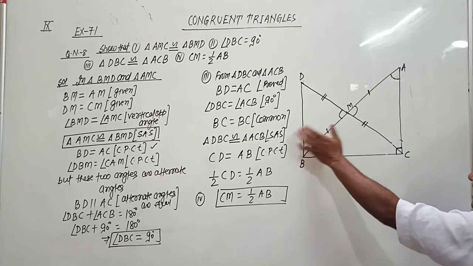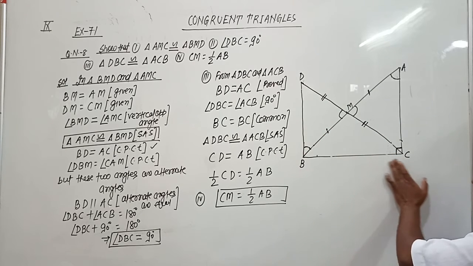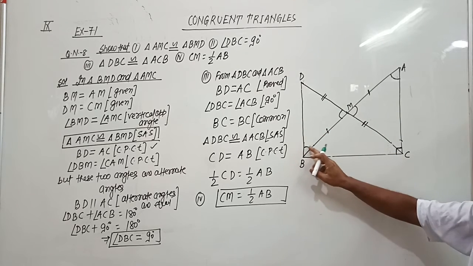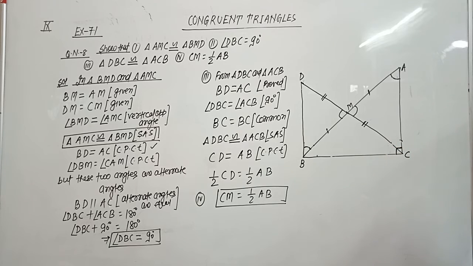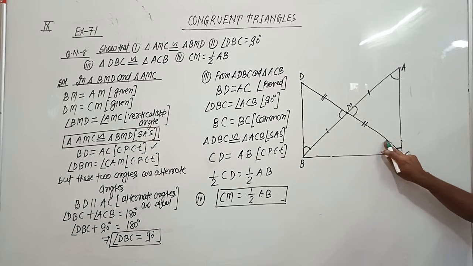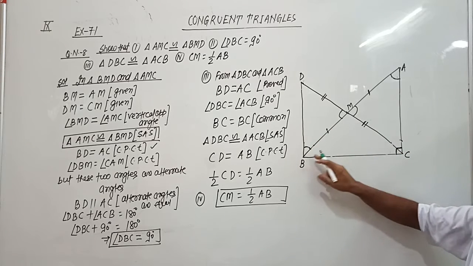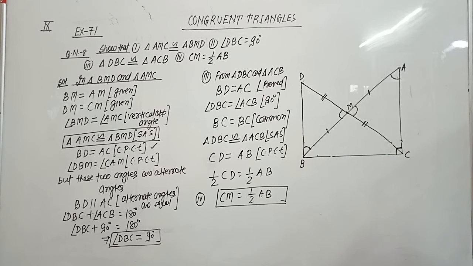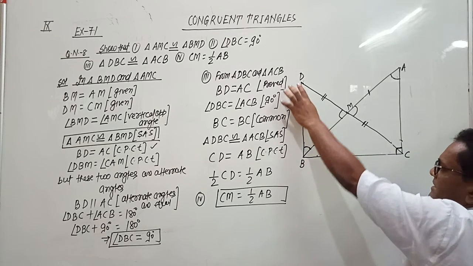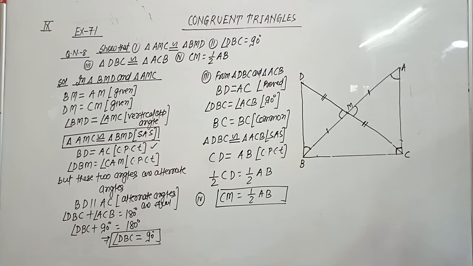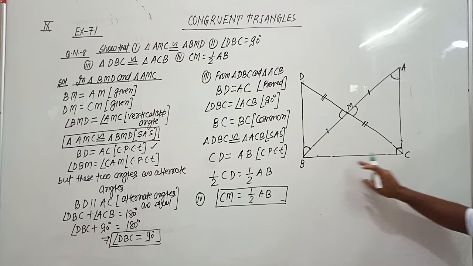Now if these two lines are parallel and BC is the transversal, the sum of interior angles on the same side of the transversal is 180 degrees, and this one is already given as 90 degrees. So angle DBC will become 90 degrees. Now we have to prove that triangle DBC is congruent to triangle ACB.